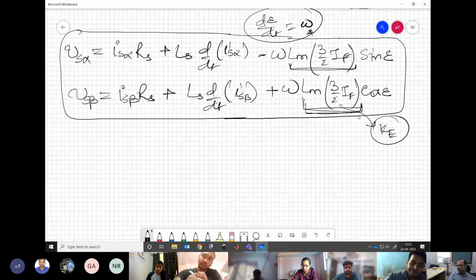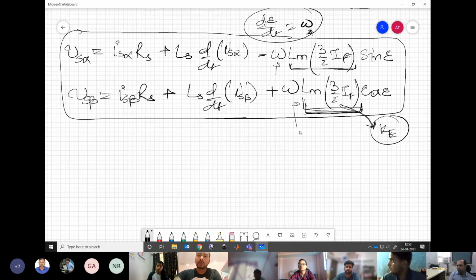Similar to how we have a back EMF constant for a DC motor, we can have a constant for the PMSM, which is responsible for the EMF generated due to rotation. Now this omega term is similar to our DC motor. KB into omega we do for EB, so here also we can take that constant as KE, some EMF constant, and then we can write our equations simply in terms of this.